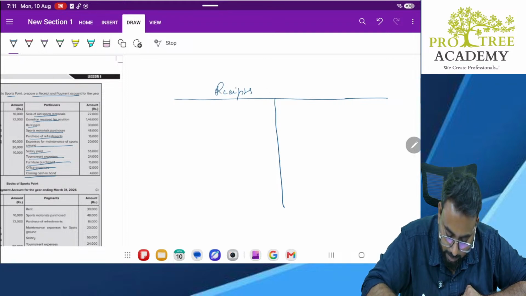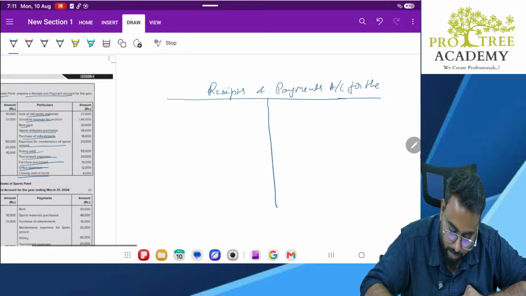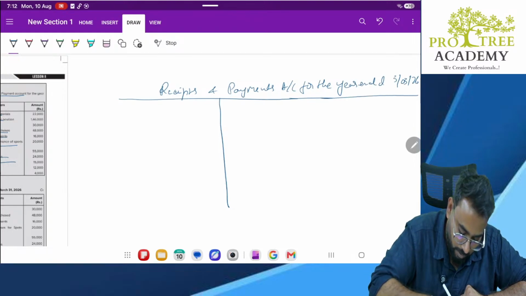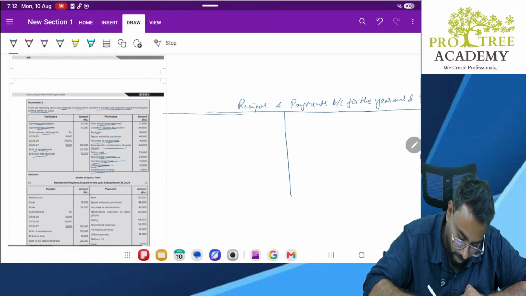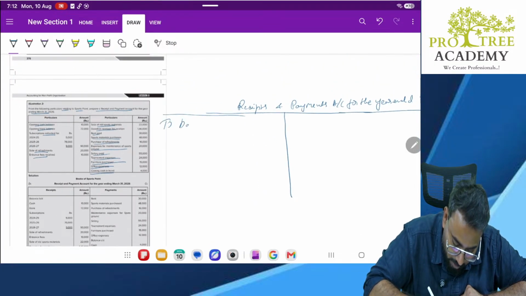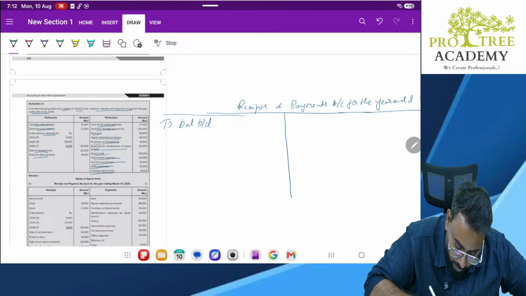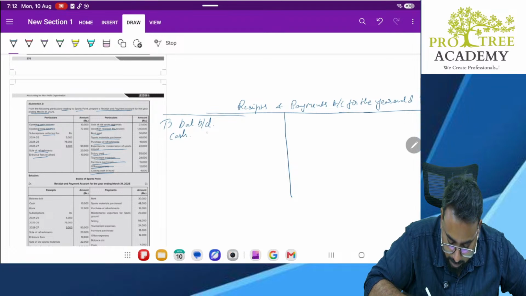Receipts and payments account for the year ended 31st March 26. To balance brought down, how much? Cash 10,000, bank 72,000.